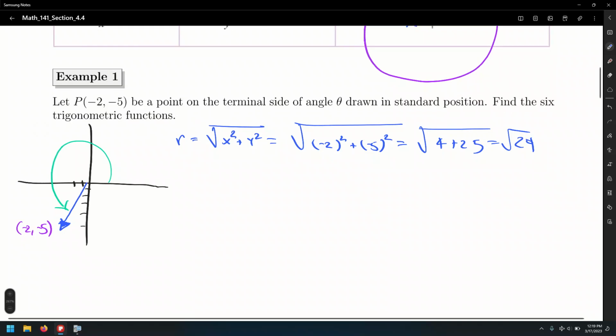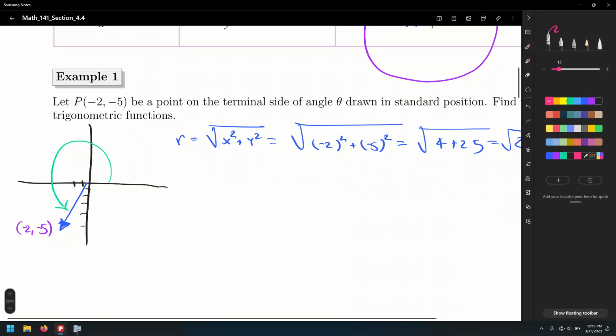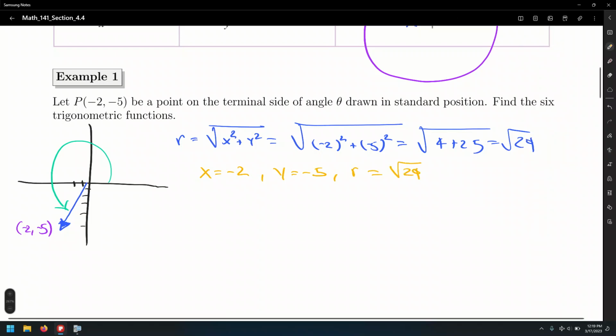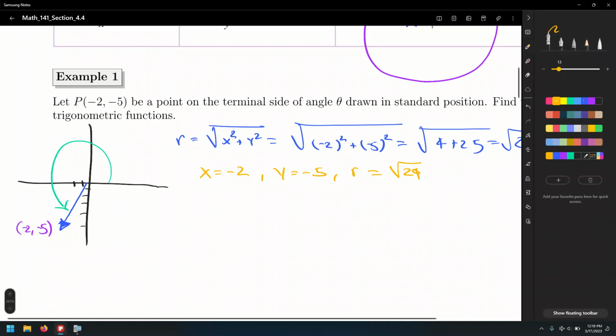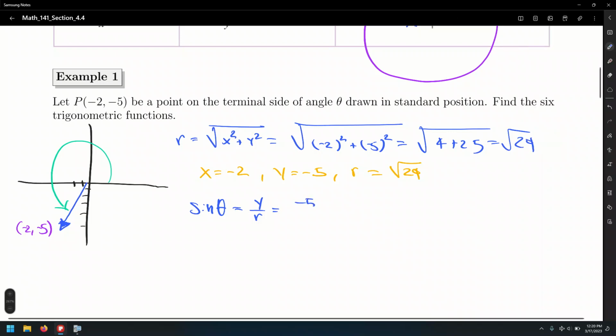So that's r. So we have x equals -2, y equals -5, and r equals the square root of 29. And we have all the information we need to get the six trigonometric functions. By definition, sine theta is y over r, and y in this case is -5 over the square root of 29.